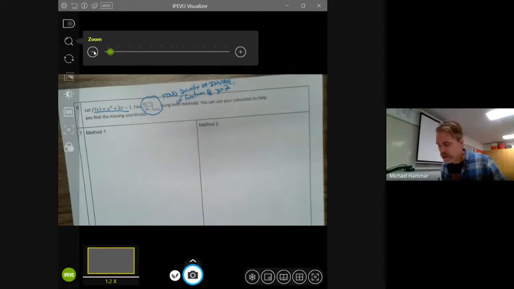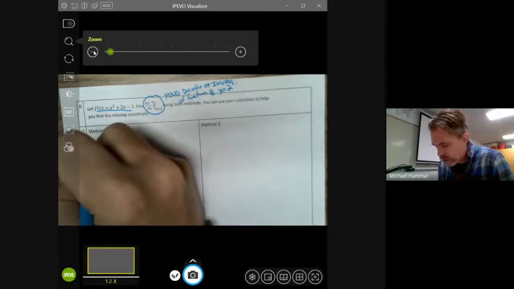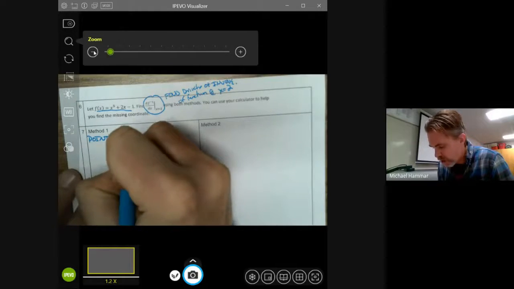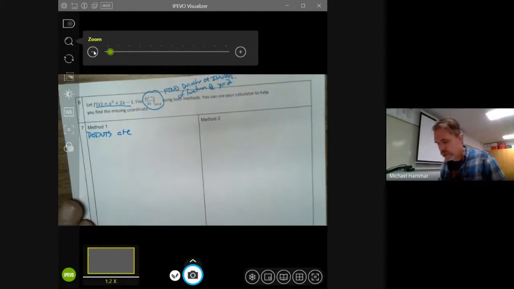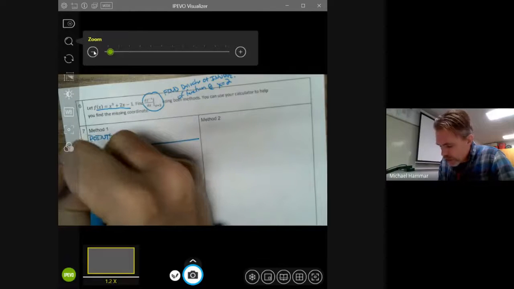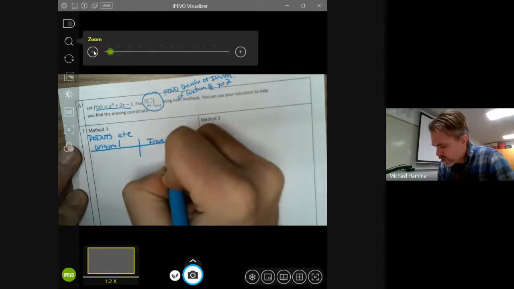Okay? So here's what you know. The first thing is always to figure out what your points are. Step one always is to figure out what your points are. So we have the original and we have the inverse.